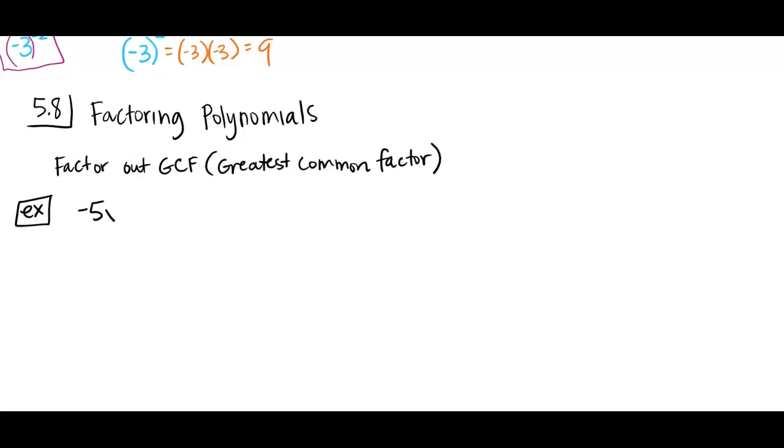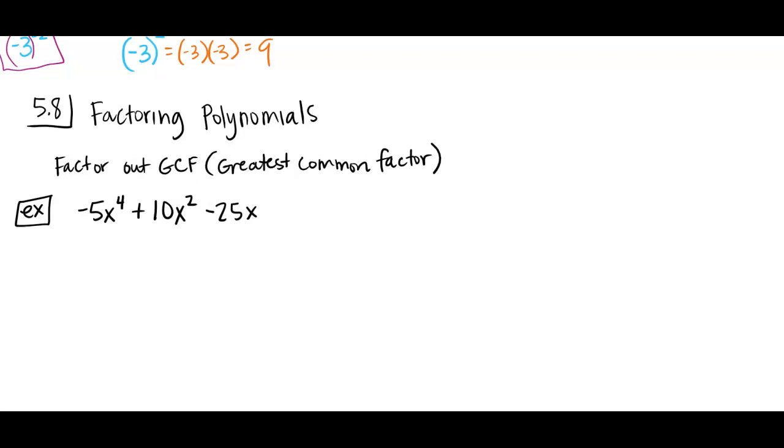Okay, so if I have something like this, let's do negative 5x to the 4th plus 10x to the 2nd minus 25x. It's asking me to just factor this, and what I need to look for first is how to factor out the greatest common factor.